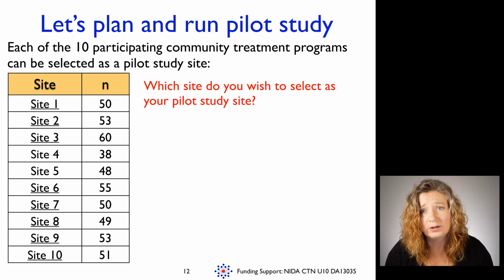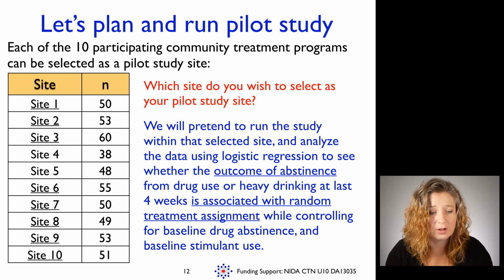We know that randomness can be averaged out. So the larger our pilot study, the better. The more likely we are to discover the truth. So we would probably pick the largest site possible. In this case, it is site 3.